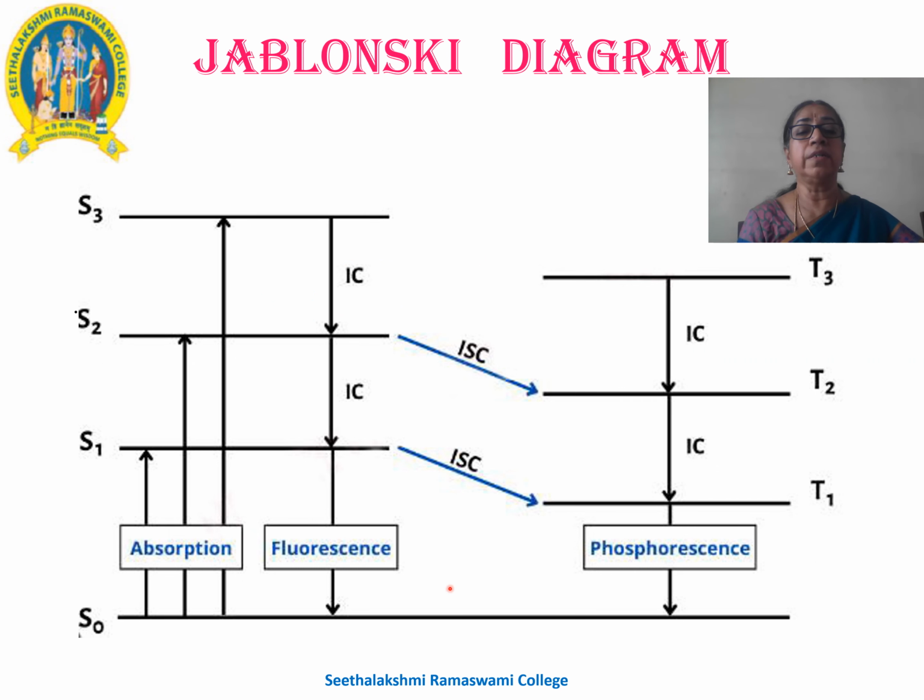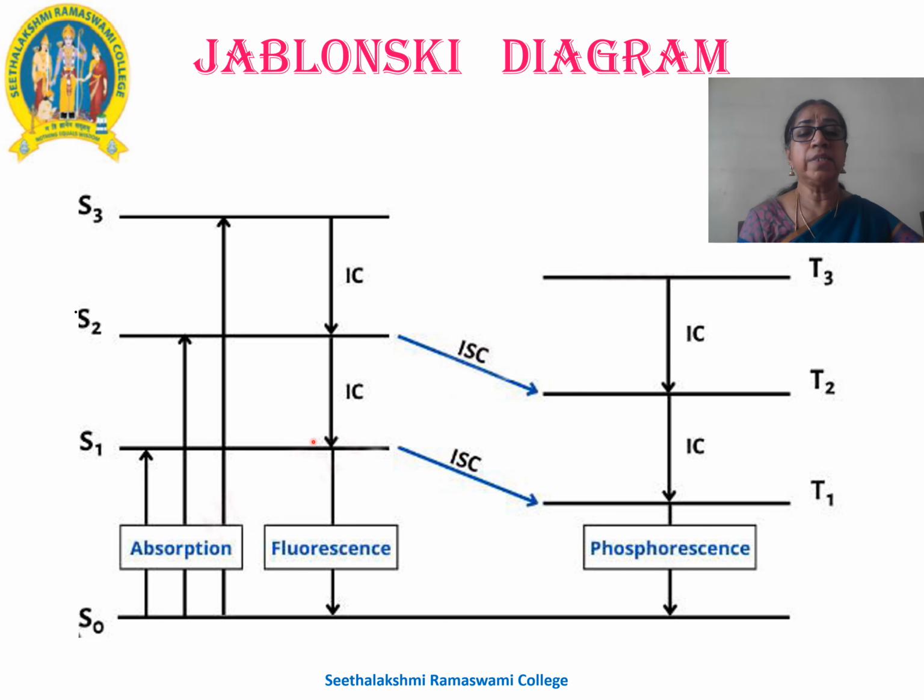This is our Jablonski diagram. Here we see the ground state represented as S0 as we have seen earlier. S1 is first singlet excited state, S2 second singlet excited state, S3 third singlet excited state, and these are first triplet excited state, second triplet excited state, third triplet excited state.